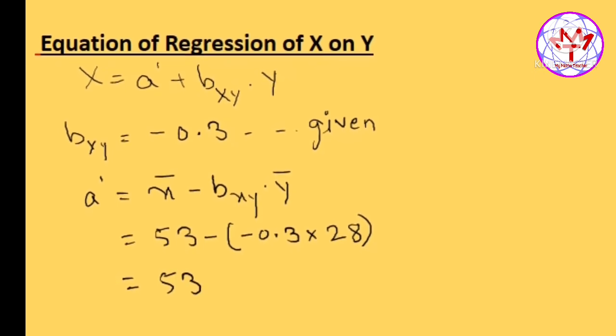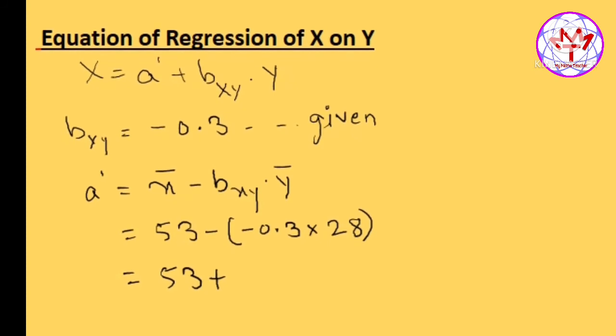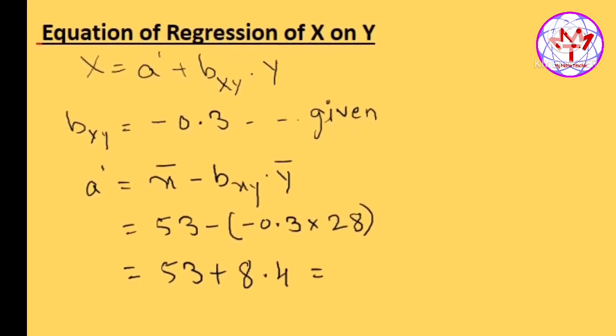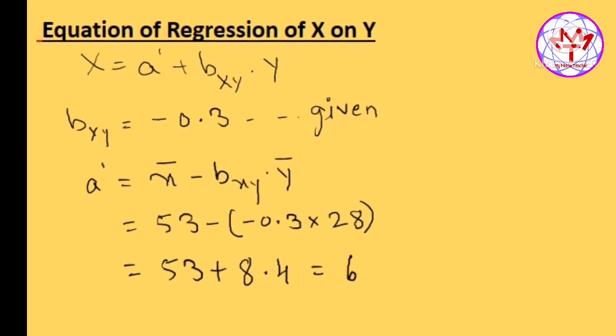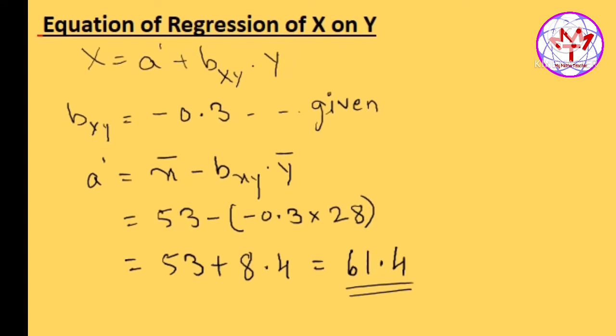So let us calculate this. 53, minus into minus will become plus, and 0.3 into 28 will be 8.4. So we get a dash is equal to 61.4.